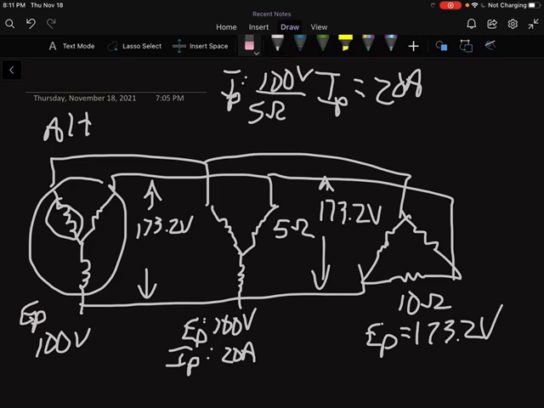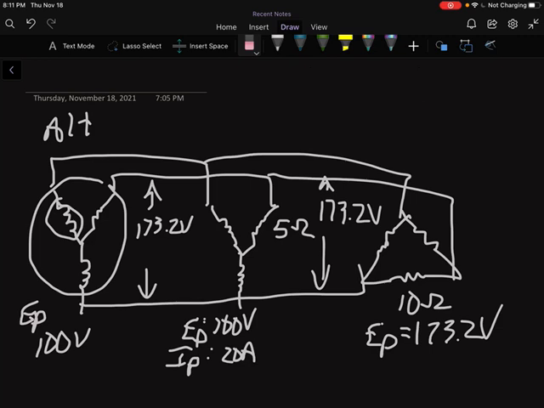And now we want to look at phase number 2. So this is our inductive load. Ohm's law again.